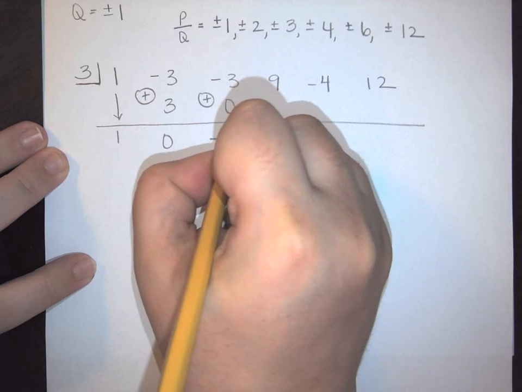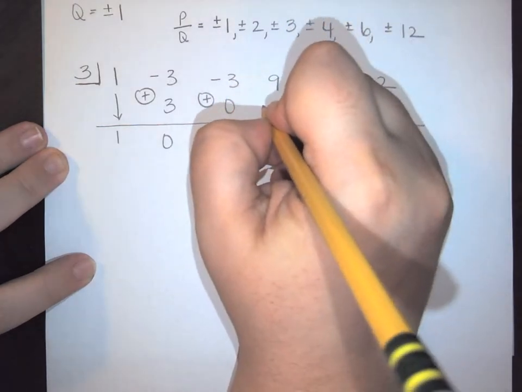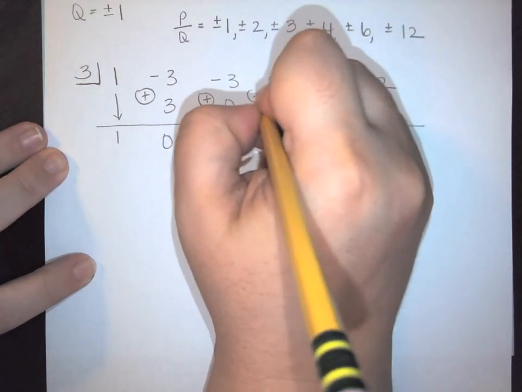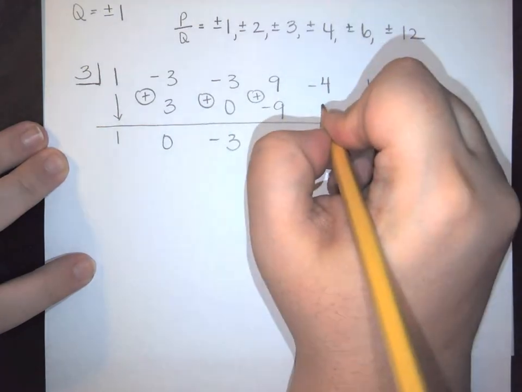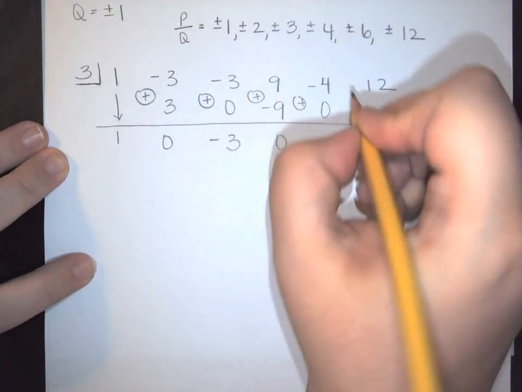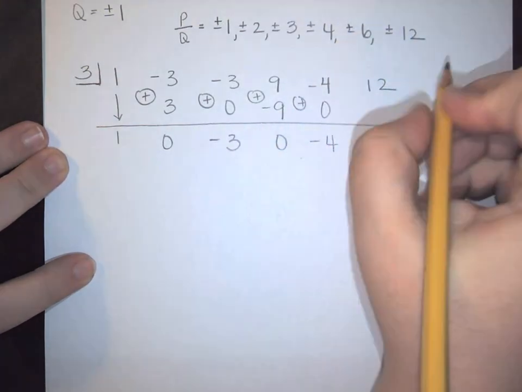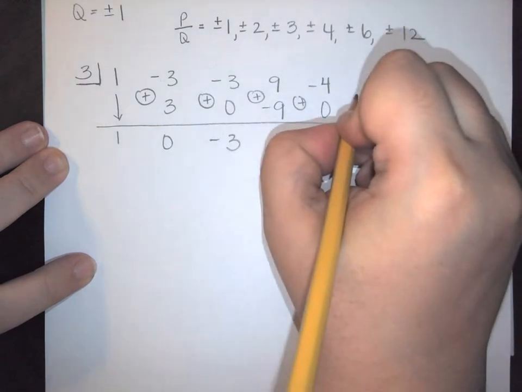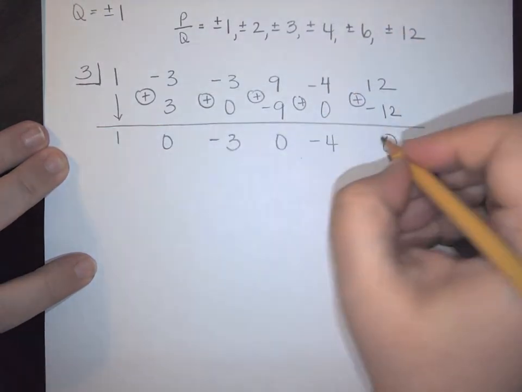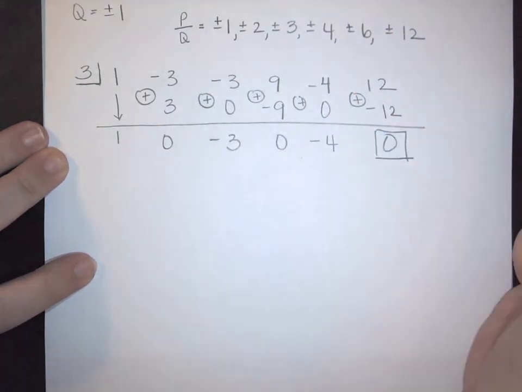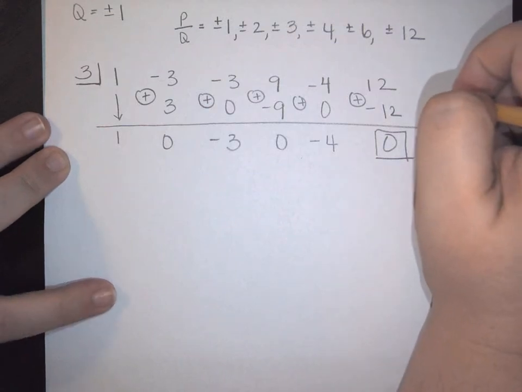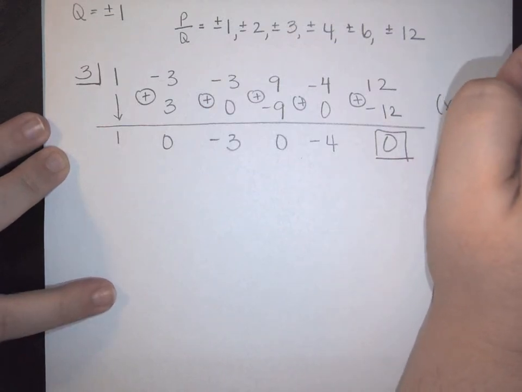Add gives you negative 3. 3 and 3 is negative 9. Add again gives me 0. So 0 add here is a negative 4. Gives me a negative 12. Add gives me a 0. That's what I wanted. So my first factor is x minus 3.